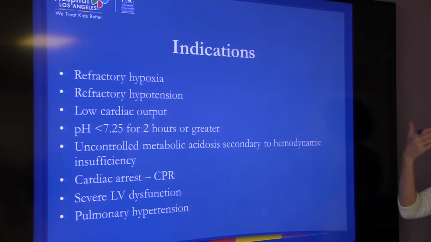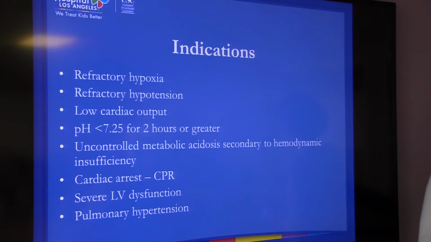Now, if you have a patient that you're putting on VA ECMO because they have full pulmonary failure, what do you look for? What do you look for before you intubate a patient who's in respiratory failure? Hypoxia, and occasionally hypercapnia, although hypercapnia is much less common as a reason why we cannulate patients to ECMO.